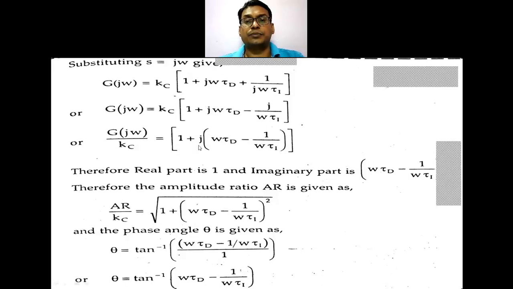So j has been taken out as common, that means we have separated the real part and the imaginary part. The real part is 1 and the imaginary part is omega tau d minus 1 upon omega tau 1. So the amplitude ratio upon Kc, which is taken to the left hand side, is equal to root of 1 plus (omega tau d minus 1 upon omega tau 1) square, and the phase angle is nothing but your imaginary axis upon the real axis.